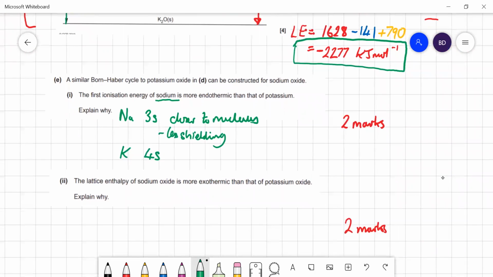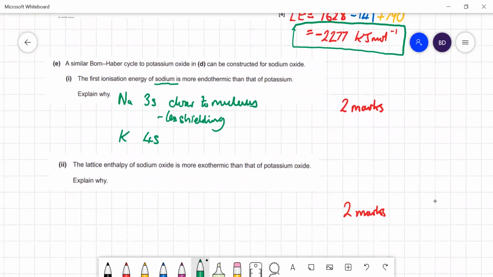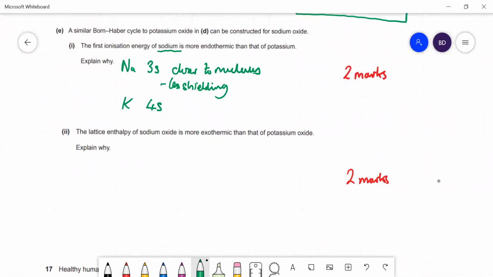The lattice enthalpy of sodium oxide is more exothermic than potassium oxide. Explain why. Right. Okay. Well, it is about the attraction between the positive and negative ions. So the electrostatic attraction between Na plus and O2 minus is stronger than for potassium and O2 minus. Why is that?